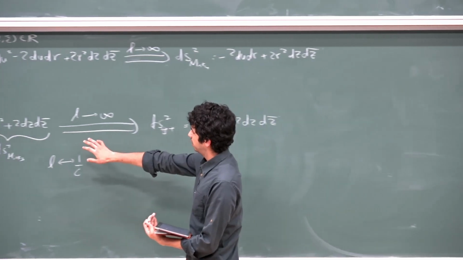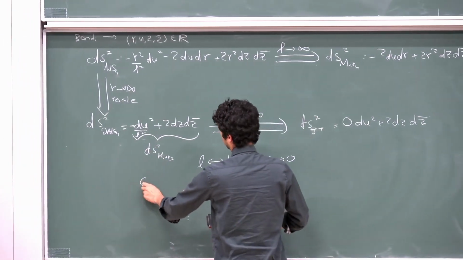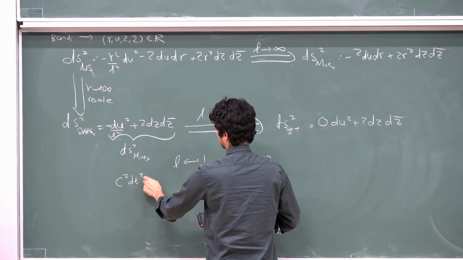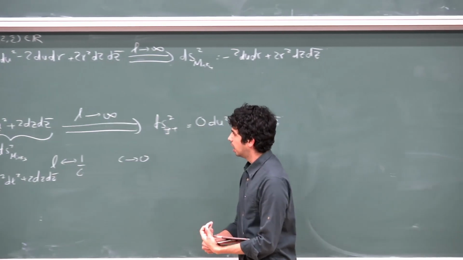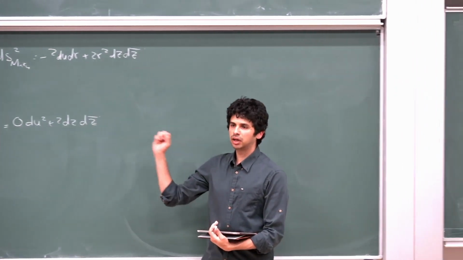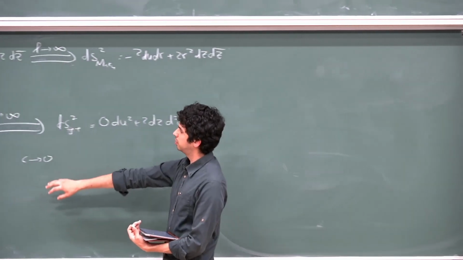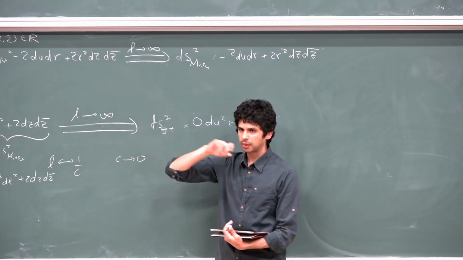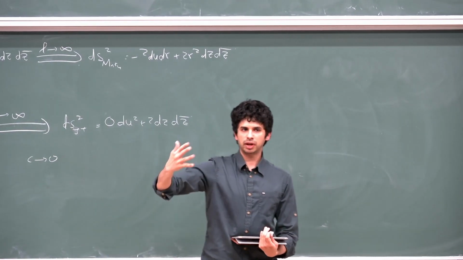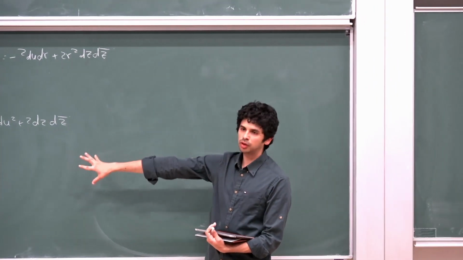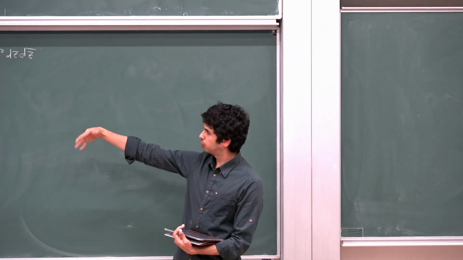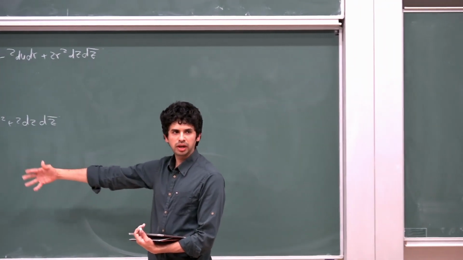So at the level of the metric, if I rewrote this as C squared dt squared plus 2 dz dz bar, I can take a Carrollian limit and achieve the same result as the flat space limit. And what I will do with the rest of the talk is see how far we can push this. It works at the level of the metric, and what we'll check is that it also works at the level of correlators, and you can.